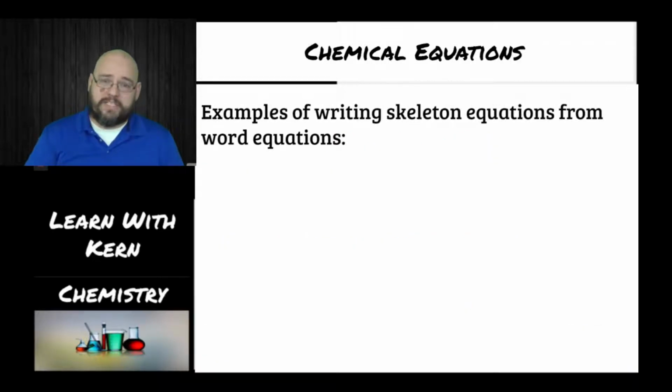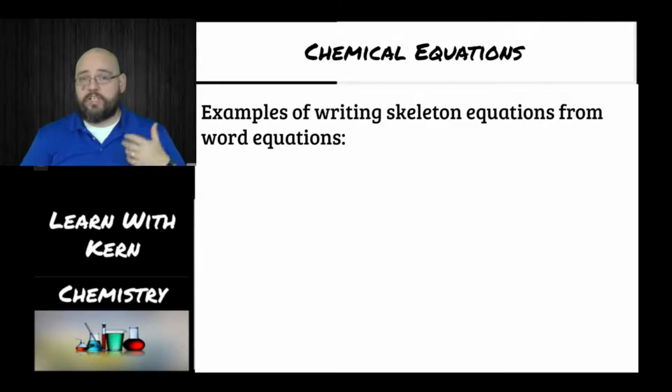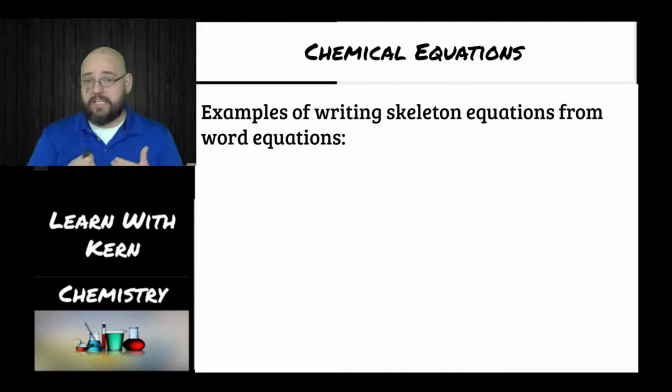So we're going to do some examples of writing skeleton equations from word equations. We're going to give you some word equations, and we're going to go through the process of writing the skeleton equation from that. This is a very useful skill, something that you're going to need to be able to do, because it's a whole lot easier to type the words than it is to type the skeleton equation.